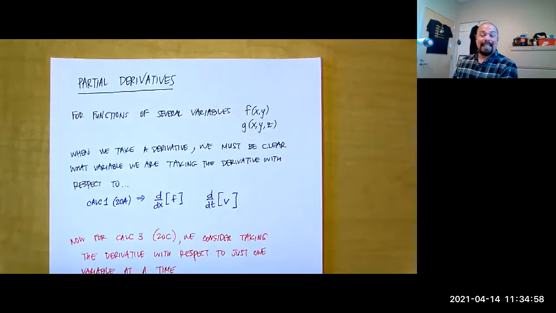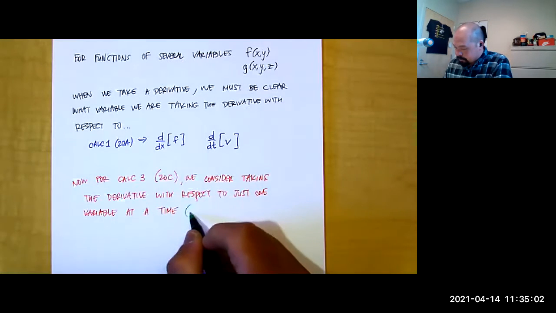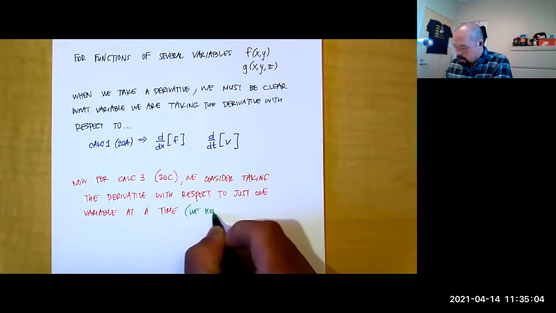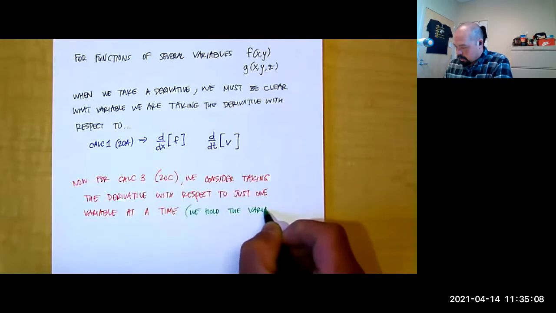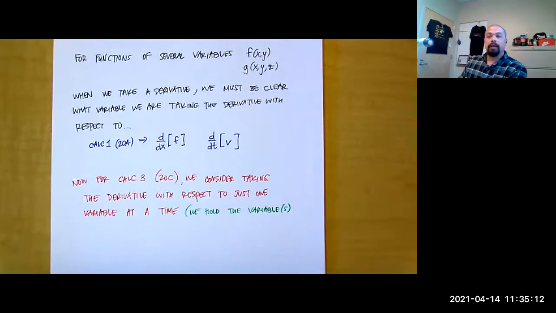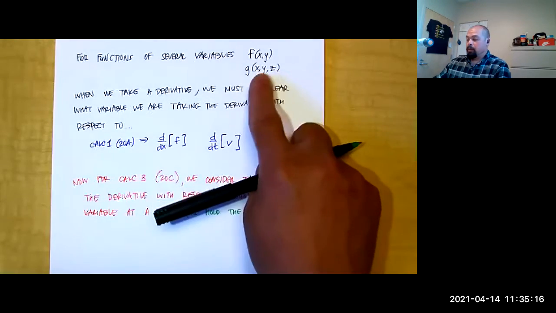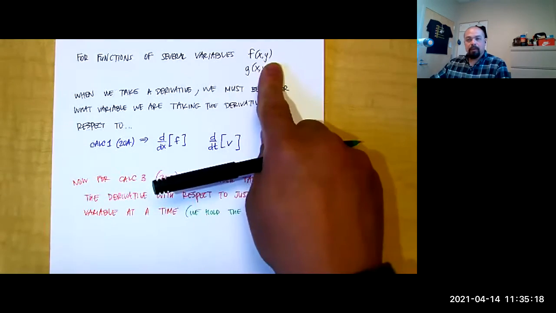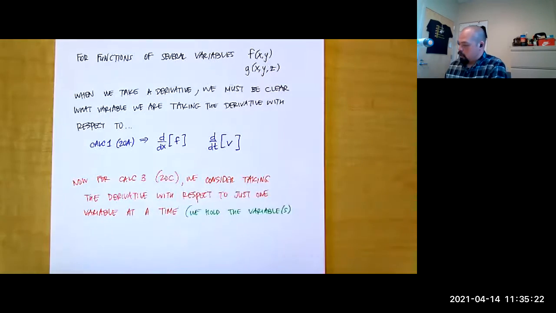And a key idea in this process is that we hold the other variable involved, or possibly variables if there's more than just two variables, constant. We're going to let one be variable, let one change, and hold the others to be constants.